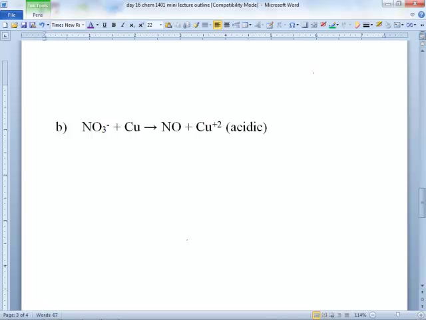Yeah, it's going to go to the NO. Good, you got it. Okay, now you have to balance the H's by adding H pluses. If you didn't have that 2, it's going to be 4.